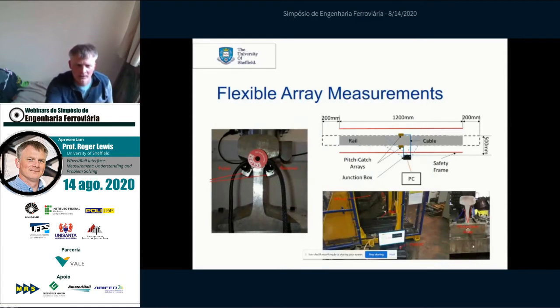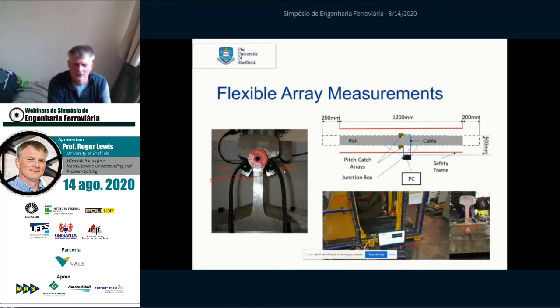You can see here that they're mounted under the rail head, and now we're using what we'd call a pitch catch arrangement. So one array is emitting the incident ultrasound. It's reflected off the top surface of the rail where it will capture the interface conditions before being received by the second array on the other side of the railhead.